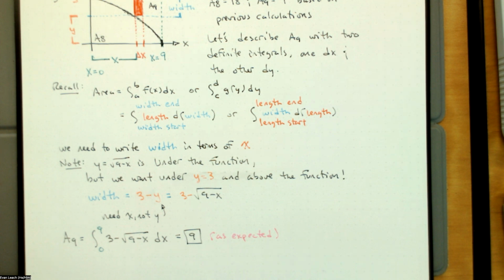If I did this method and I got like 15 or something like that, then something is not right with the method. Something is wrong in the way we're thinking about the problem. Questions?